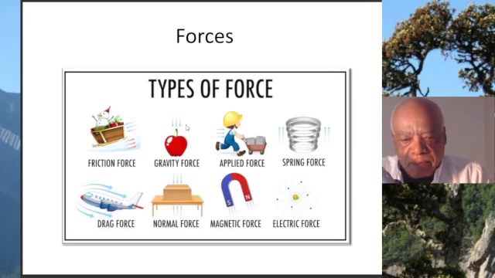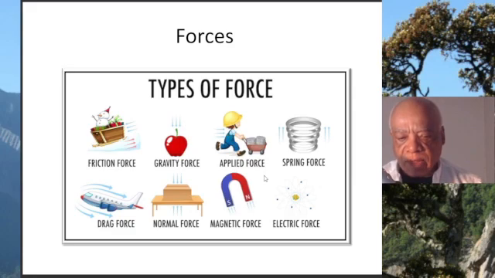You can break up the types of forces, or the way forces are observed, in a number of different ways. You may have two forces working together and you get something like friction. Then you might have just the natural force of gravity pulling on an object.